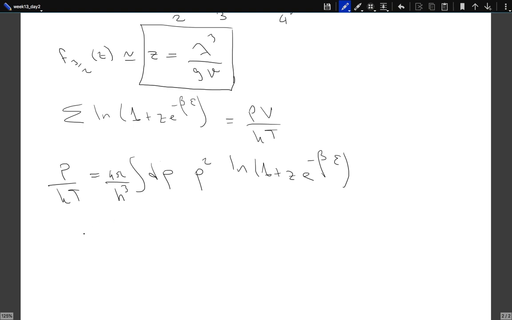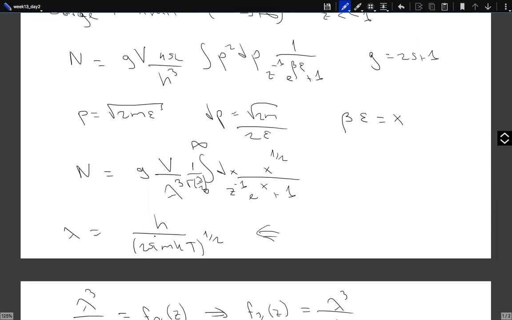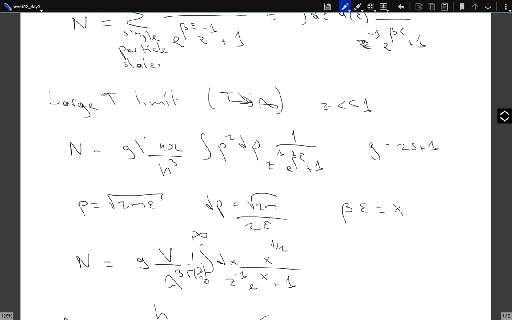And again, I do the same things. I call p equal to square root of 2m epsilon, and beta epsilon equal to x. And so this P over kT becomes, well, you see this integral is almost the same as the integral we have over here.